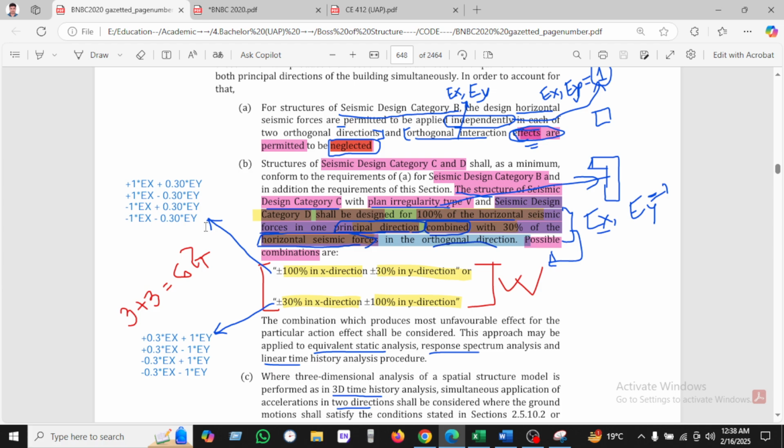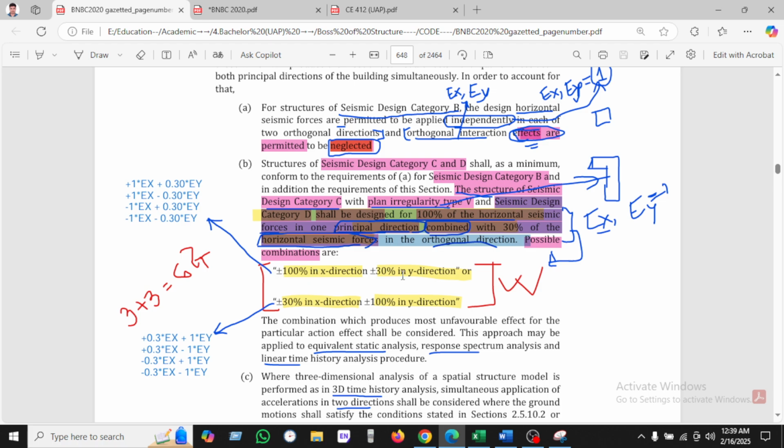What does it mean? It means this. At first we take plus Ex 100% and 30% meaning 0.30 Ey, then plus Ex and minus Ey, then minus Ex plus Ey, then minus Ex and minus Ey.